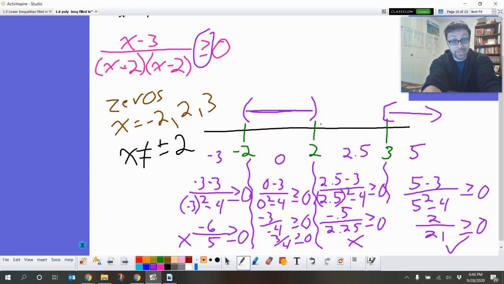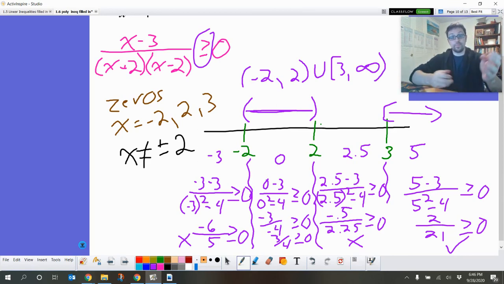Normally they would get brackets, but we still can't put bad things in the denominator, so we're going to put parentheses on there. So we got negative 2 and 2, parentheses. We got a gap, so we put a U, bracket 3, 2, infinity, close parentheses. There's our solution graphed in interval notation.